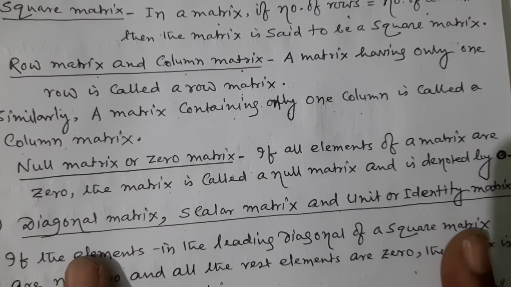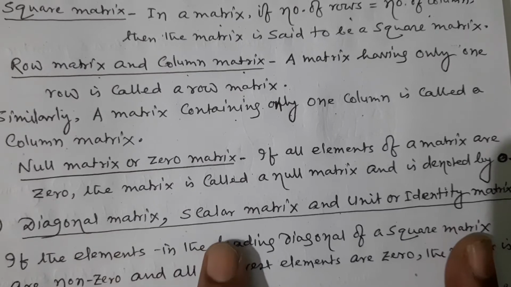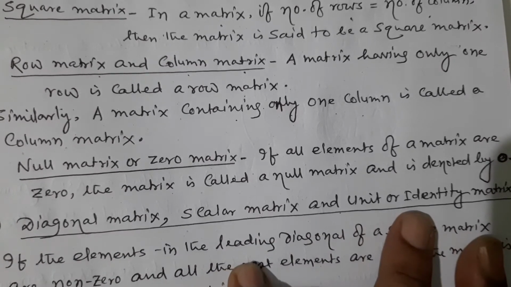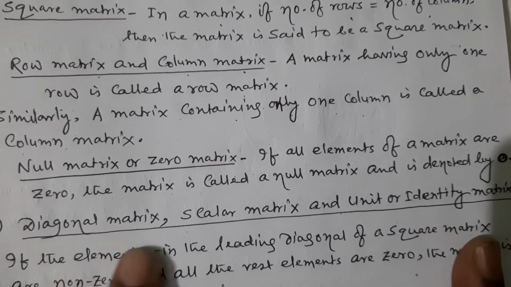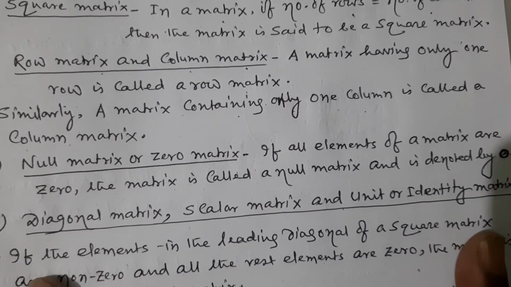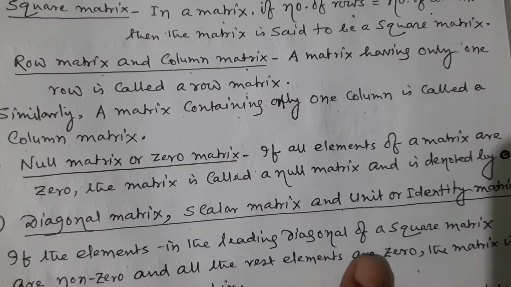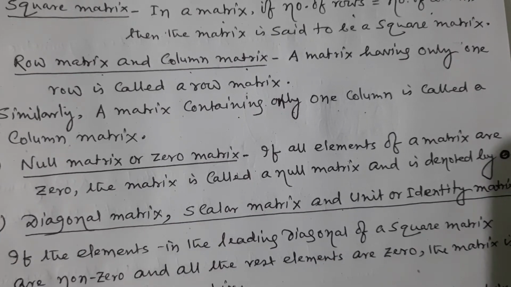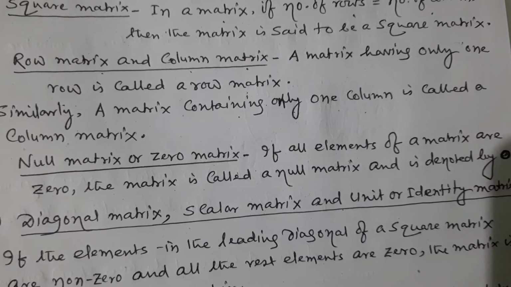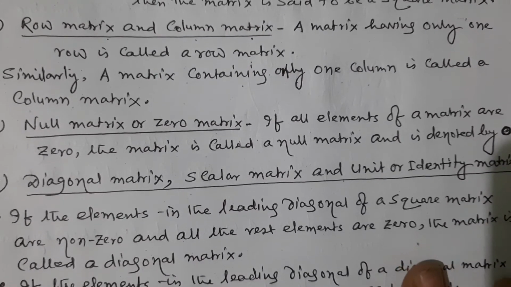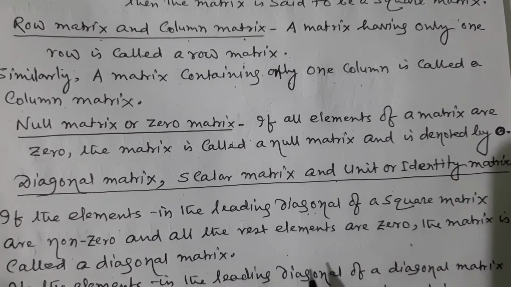Diagonal matrix, scalar matrix, and unit or identity matrix. Very, very important. Diagonal matrix: if the elements in the leading diagonal of a square matrix are non-zero and all the rest of the elements are zero, the matrix is called a diagonal matrix. Give an example.